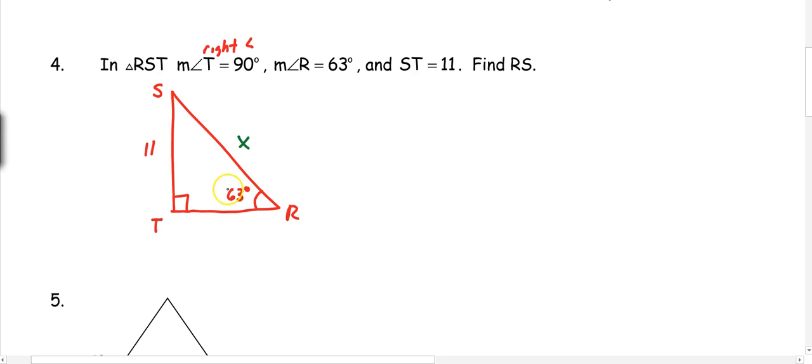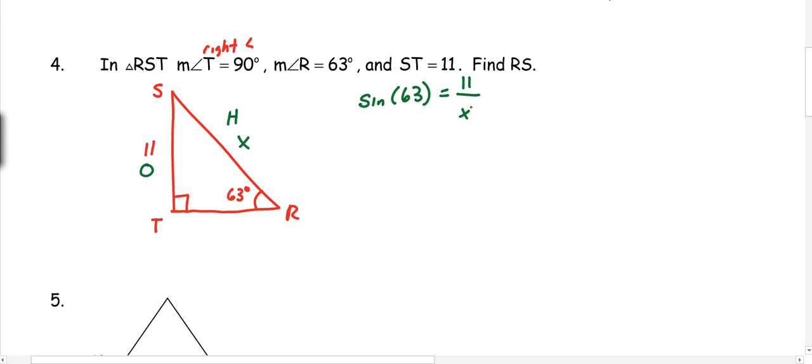So based on where my angle is, across from the angle is my opposite side, across from the right angle is my hypotenuse. So if I'm given the opposite and the hypotenuse, I want to use sine. So sine of 63 is equal to my opposite side 11 over my hypotenuse, which is x.